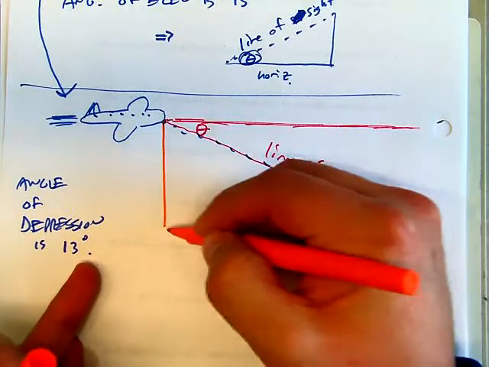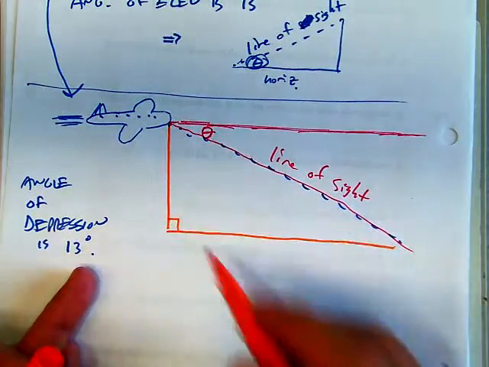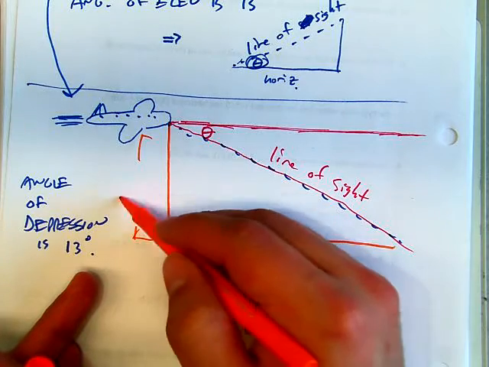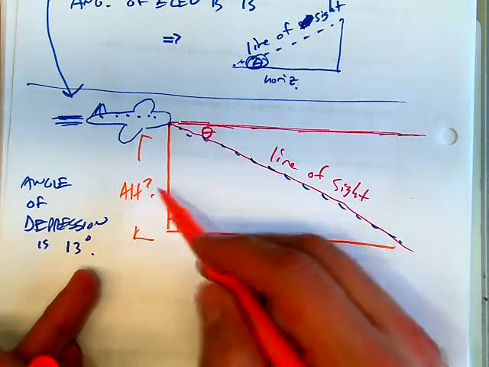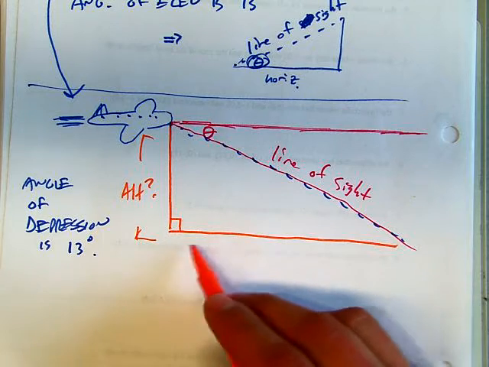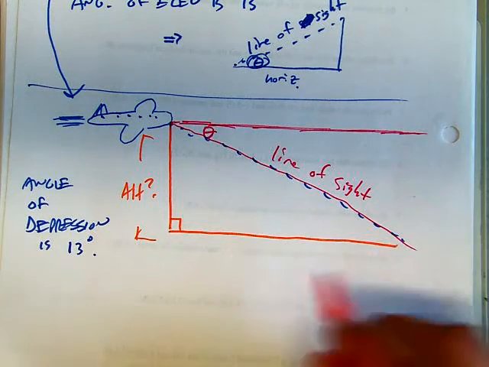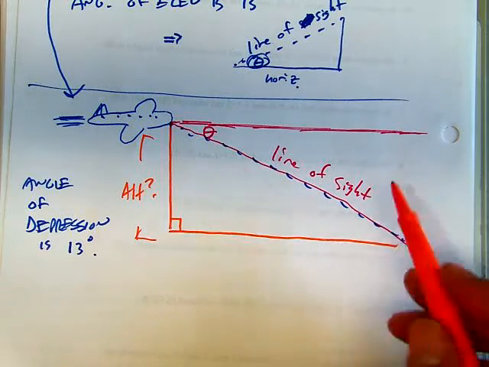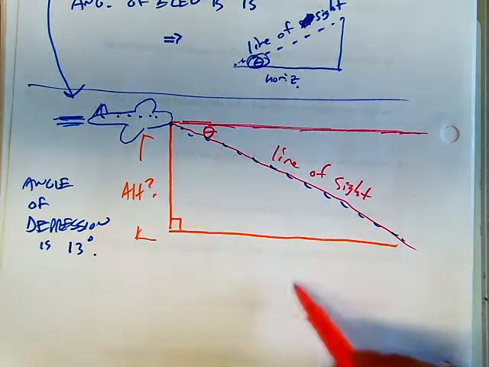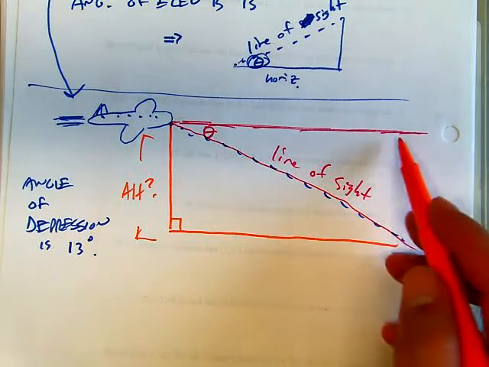Maybe the triangle you're going to use is down here. Like maybe you want to know what the current altitude of the plane is, and maybe that's what you have. And then perhaps they give you like how far away the runway is horizontally. Okay? But the point is, as long as you can put this angle in the right spot, then figuring out the missing pieces of the triangle is not that difficult.